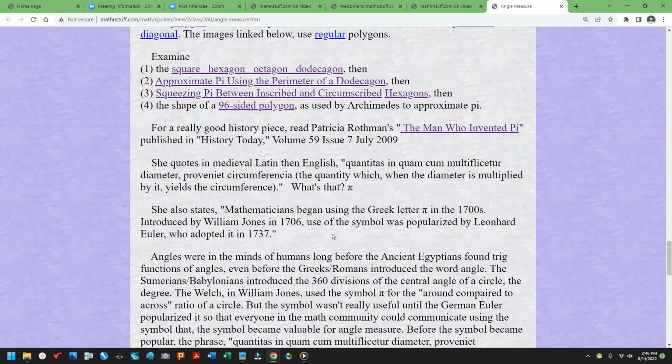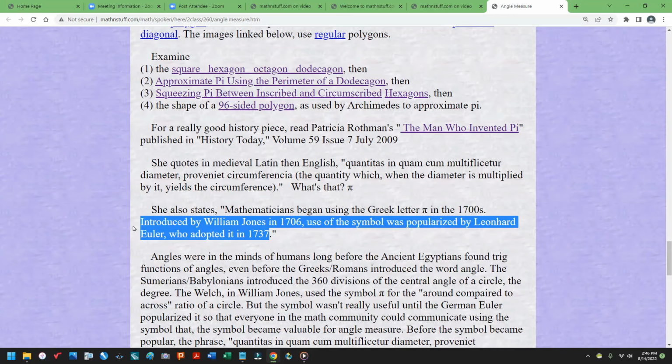Now, if you grew up when I grew up, you heard it was Euler. It wasn't Euler who invented it. He popularized it. Why is that important? Jones took the step of making the symbol valuable for the idea that had been spoken in a Latin phrase and known, I am sure, way before that.